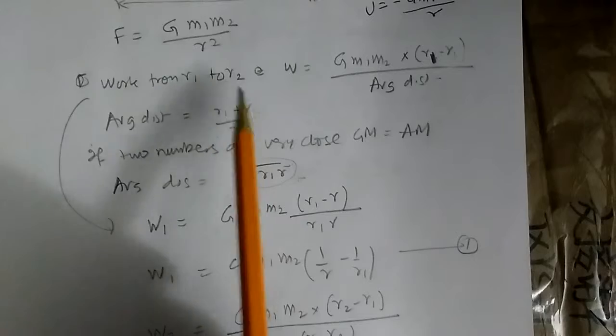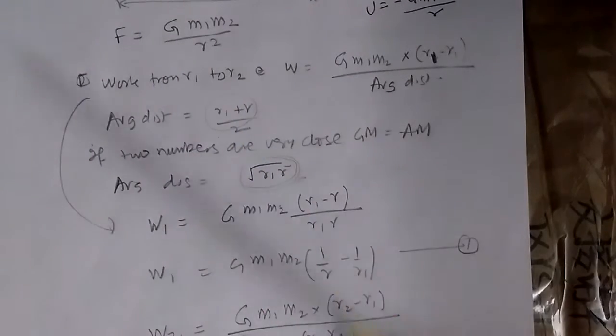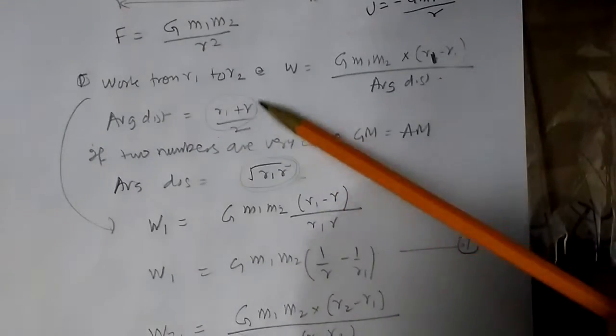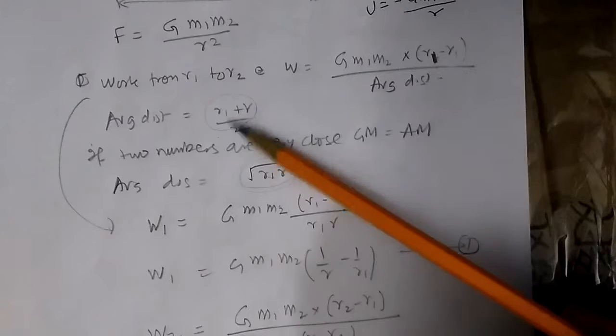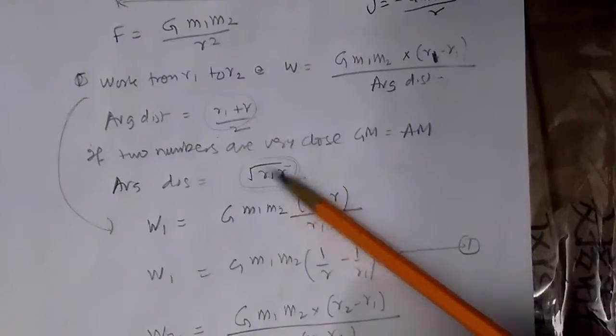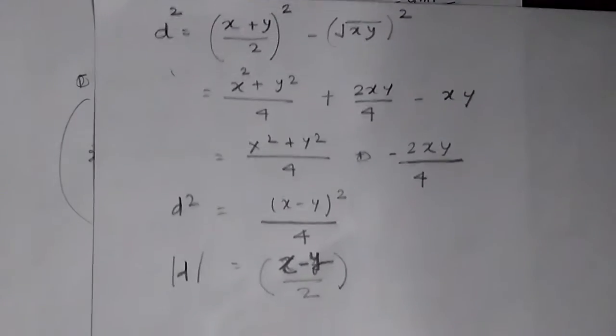This is the arithmetic mean, and this is the geometric mean. So these two values will be very close. For example, 2 and 2.01. Whether you find their arithmetic mean or their geometric mean, they are going to be about the same. And we can derive it if you are interested.